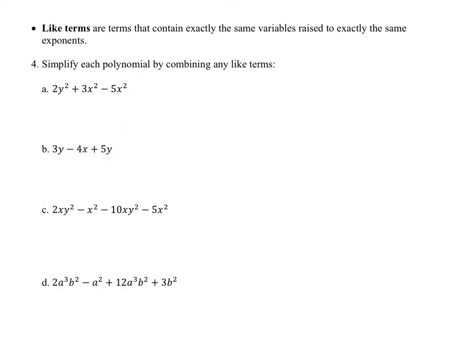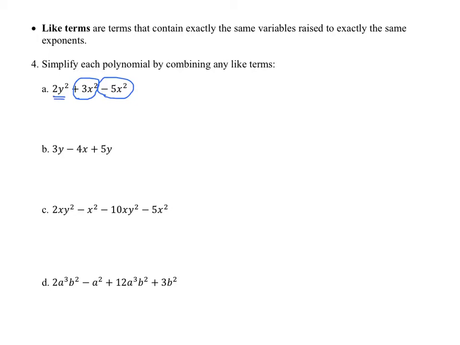Now we're going to be combining like terms. Like terms are terms that contain exactly the same variables raised to exactly the same exponents. So for number 4, we're going to be combining like terms. 3x squared and negative 5x squared are like.